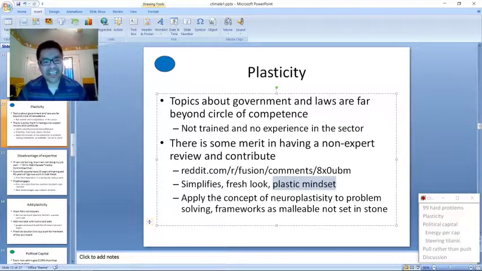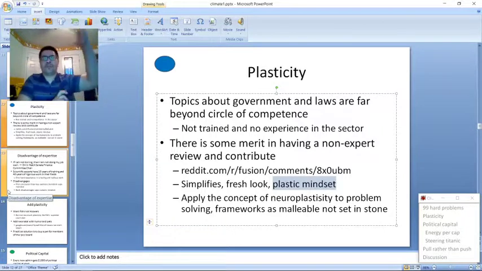It's applying neuroplasticity to problem solving. A plastic mindset would be that your perception of the framework is not set in stone, say. You can alter the components around.